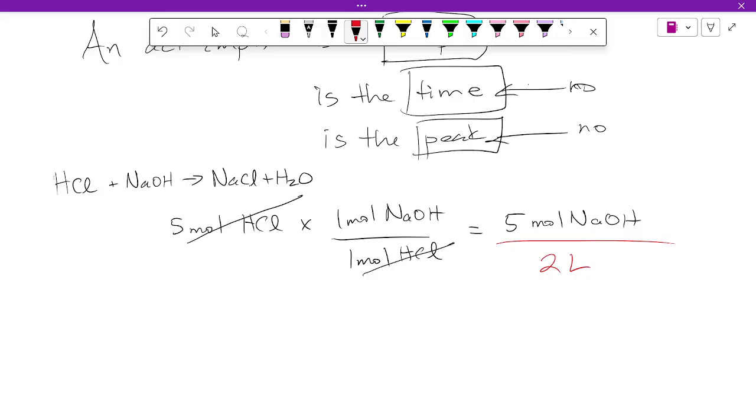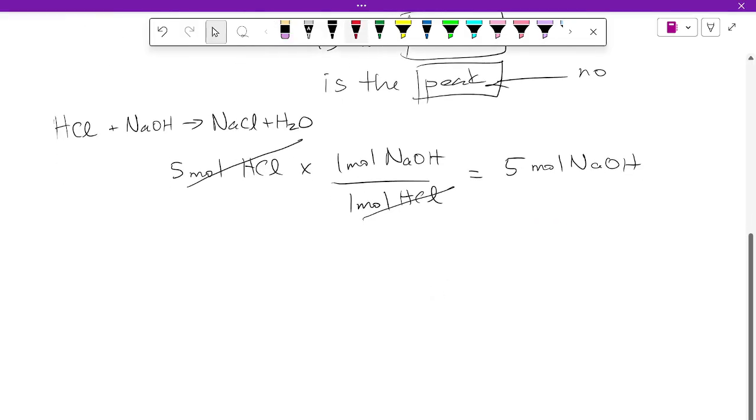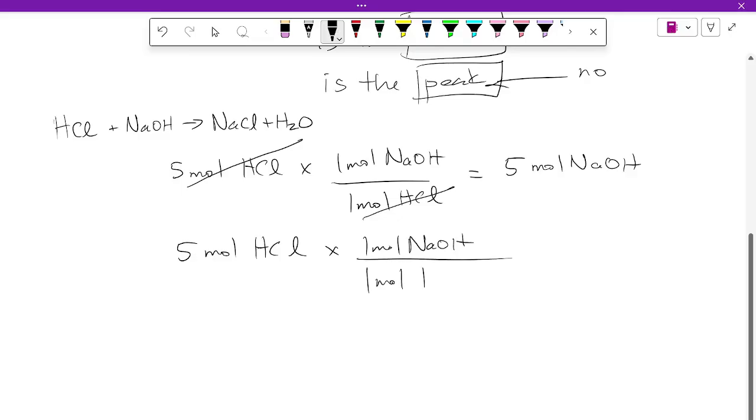Okay, so we agreed that this is a correct mathematical statement. So let's try this. 5 moles of HCl times 1 mole of NaOH over 1 mole of HCl equals 5 moles of NaOH. We agree that's correct, yes? Yes. Okay.